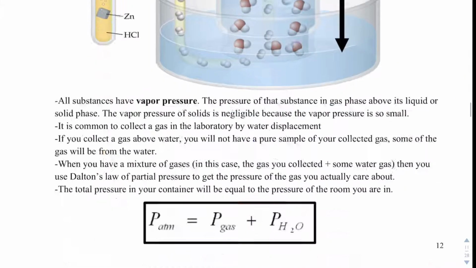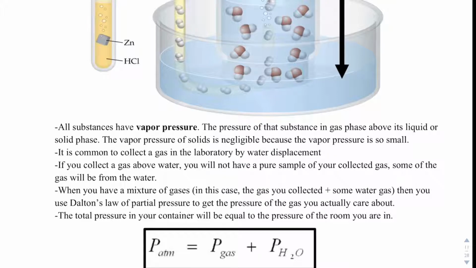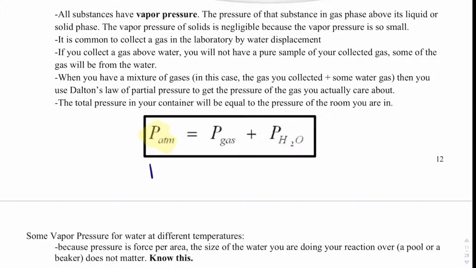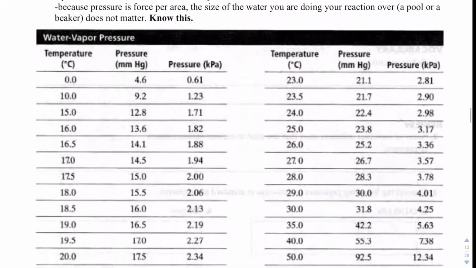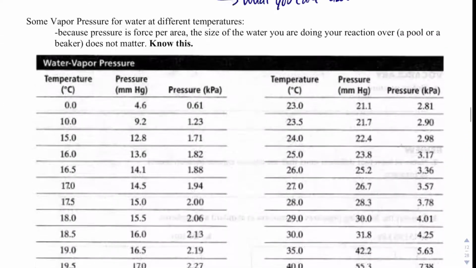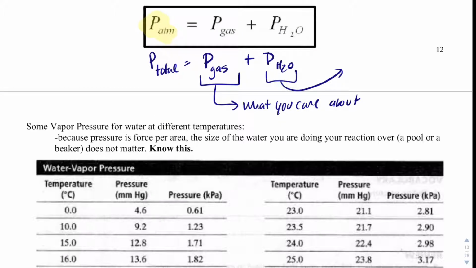The formula for this that we're going to see oftentimes is that if I know the total pressure, P total, or P ATM, typically pressures are given in atm, and this is the gas that I care about, we can subtract away the pressure of the water, which we can just get from a table, and we'll show how to read that in a minute.